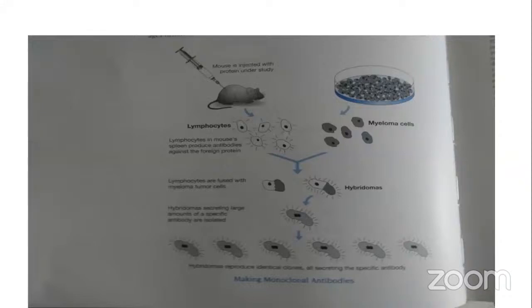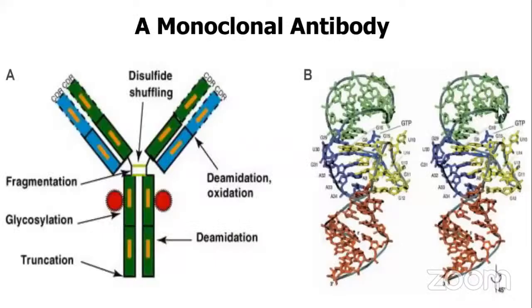By a nutrient selection medium, you can make sure that the hybrid cells survive and all other cells die. Then dilute this and clone the hybrid cell. Because it is derived from mouse myeloma, it is called the hybridoma technique. Caesar Milstein got the Nobel Prize for this.